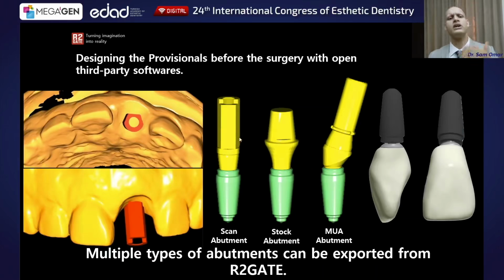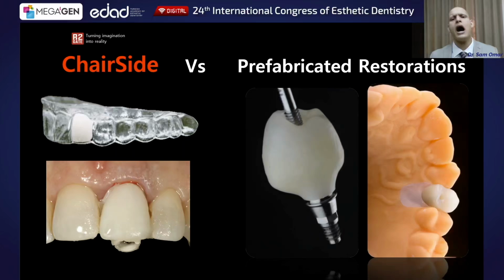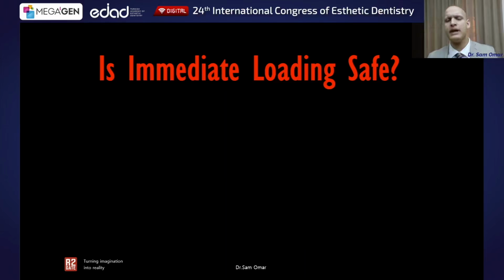So for instance, you can export a scan abutment, a stock abutment, or a multi-unit abutment, and these are all methods that would allow us to use and develop a prefabricated prosthetic. So now, instead of doing a chairside restoration, I'm opting for a prefabricated restoration, because R2Gate actually allows me to do that.